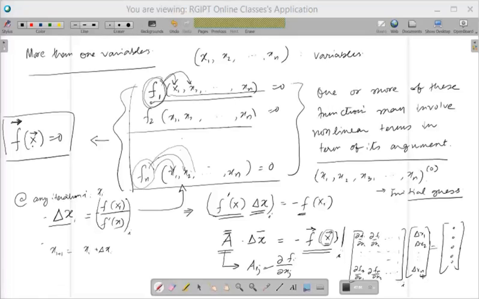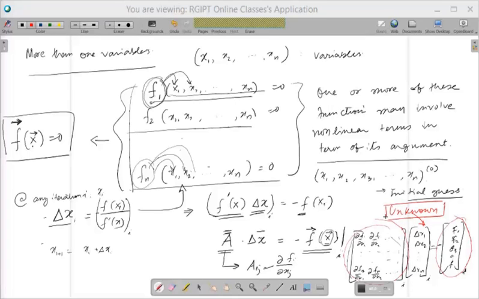The right hand side would be f1, f2, f3, etc., with a minus sign, of course. So this is known to me at the ith step. This is what I want to find out. This is my unknown.